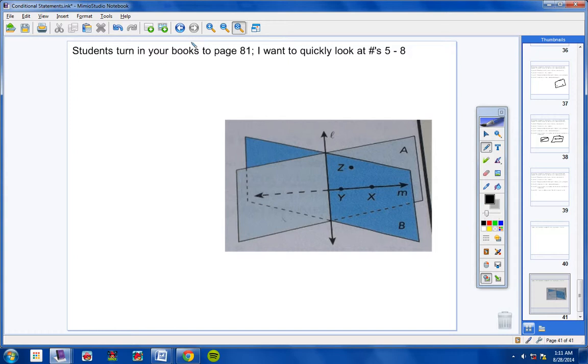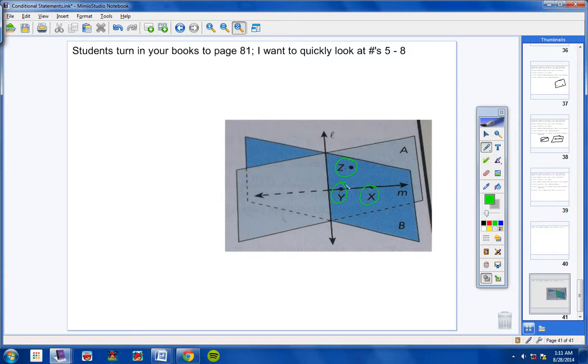Okay, here we go. Number 5 reads as follows. The points X, Y, and Z lie in a plane. Now the directions say state the postulate that verifies that truth.